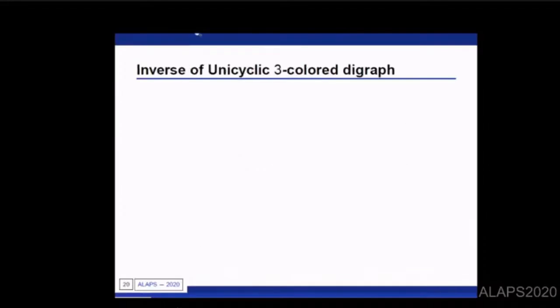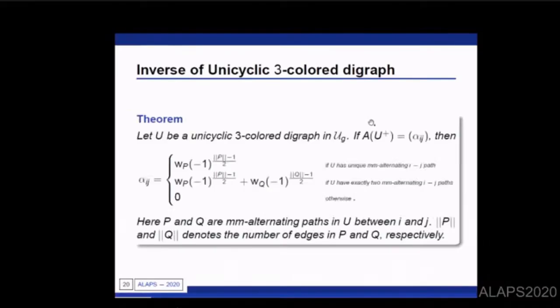And now we talk about inverses of such unicyclic three-color digraphs. This formula gives us the inverse. That means the inverse graph of a unicyclic three-color digraph in UG can be obtained by this formula. The adjacency is obtained in this formula.